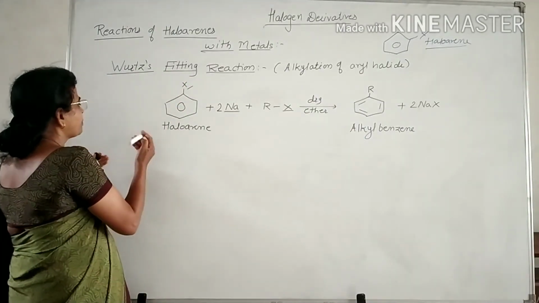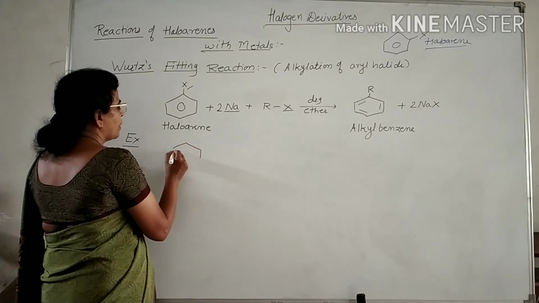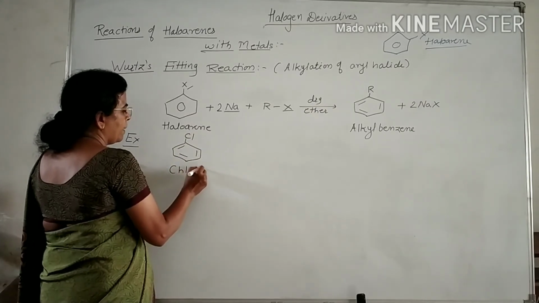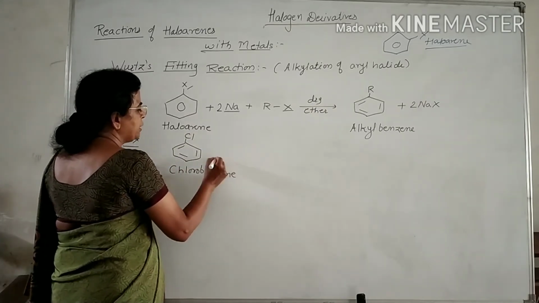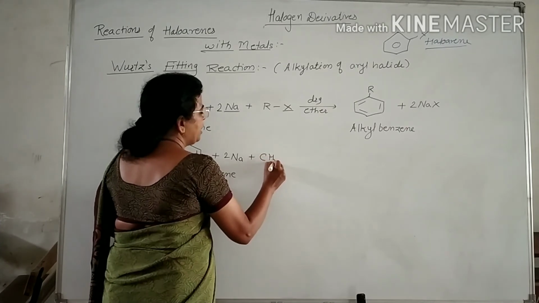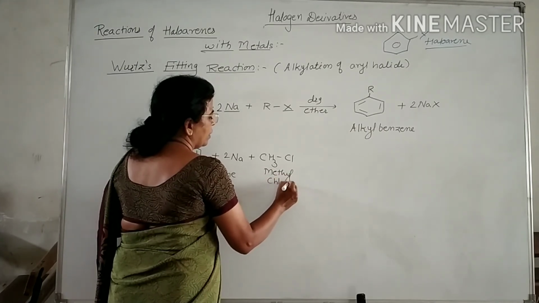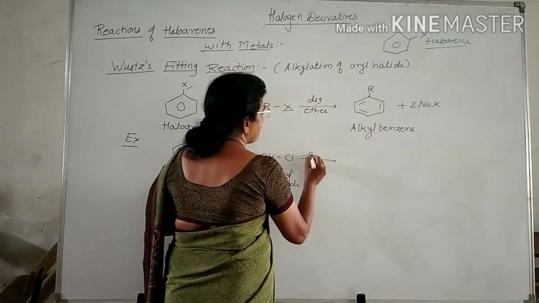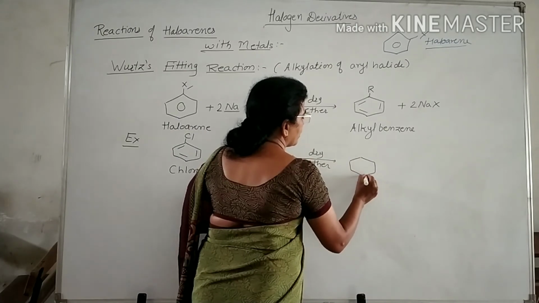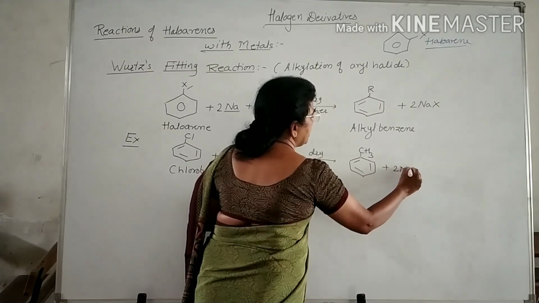Now for example, if we carry out the reaction of chlorobenzene, this is chlorobenzene, and when this chlorobenzene is treated with sodium metal and methyl bromide or methyl chloride in presence of dry ether, we will get toluene, that is methylbenzene, plus 2NaCl.